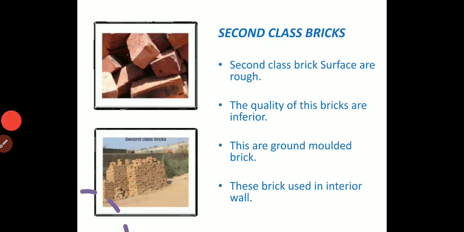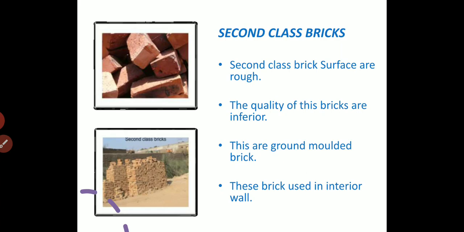Next is second class bricks. You can see here images of the second class brick. The second class bricks are burned in clamps and ground molded. First class bricks are table molded, but second class bricks are ground molded, which means the shape is given on the ground. They are a little irregular in shape.